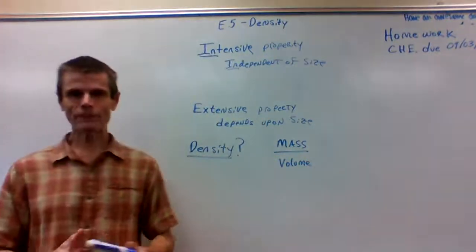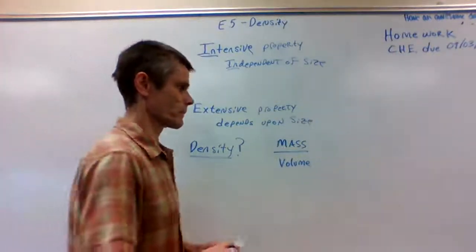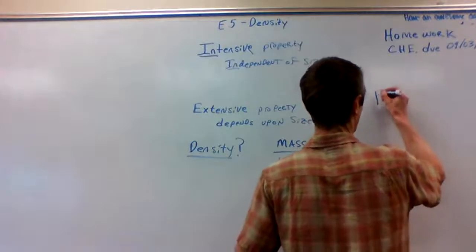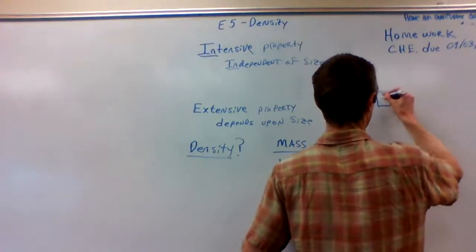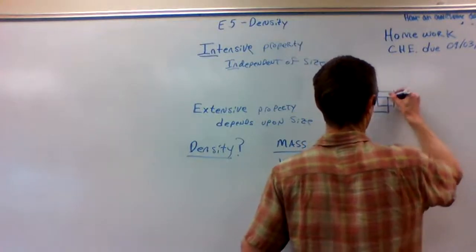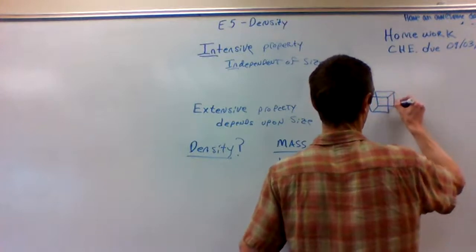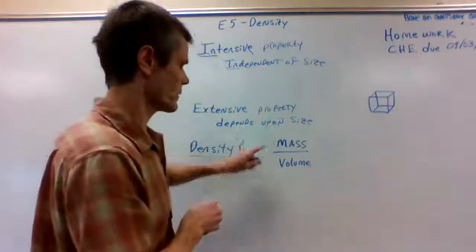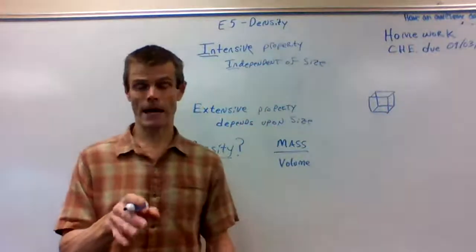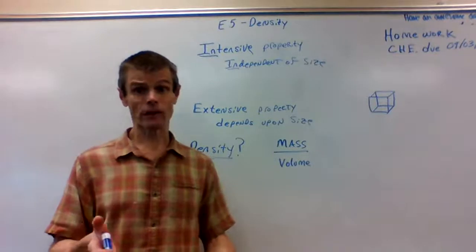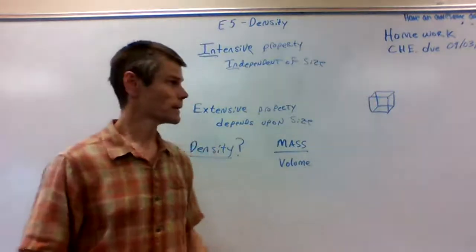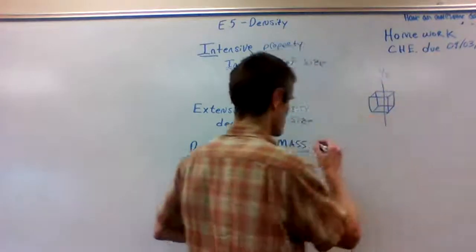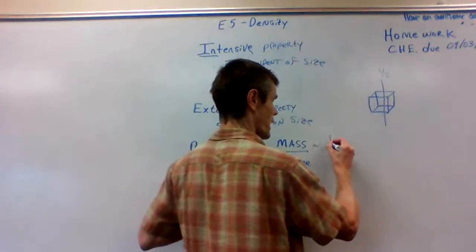So what happens if we have an object, that cube that we discussed earlier? Remember the cube that we had a few minutes ago when we were discussing it? What if we cut that in half? If we cut that cube in half, what happens to the cube's mass? The mass is going to be half of what it was originally. If we cut it in half, exactly, the mass is reduced by 1/2.